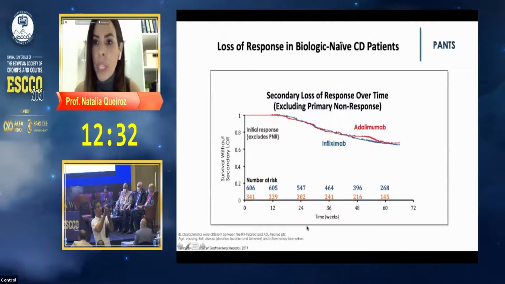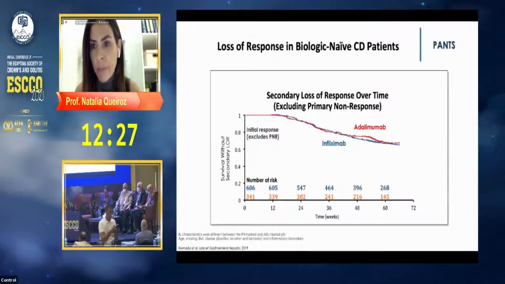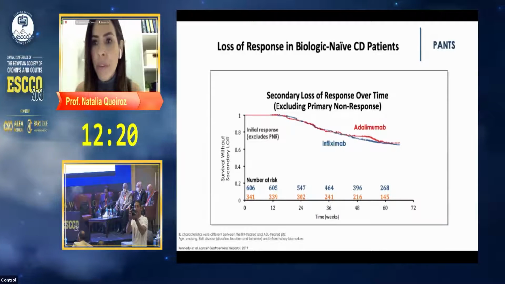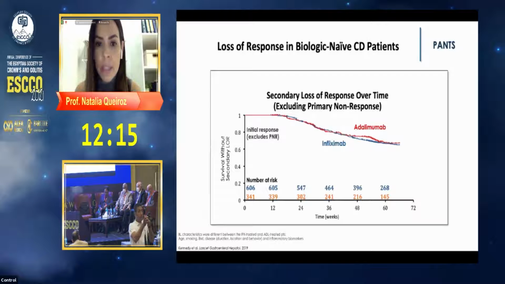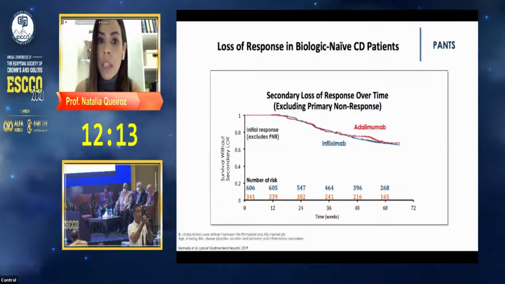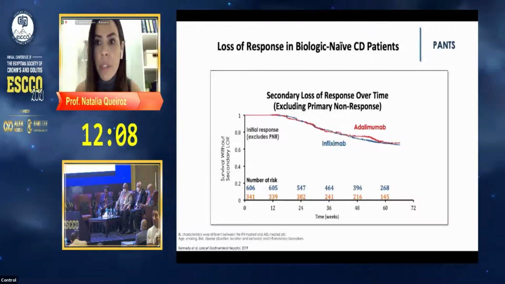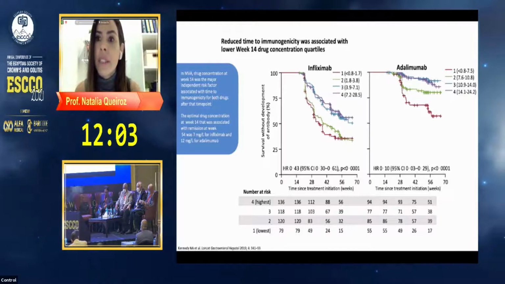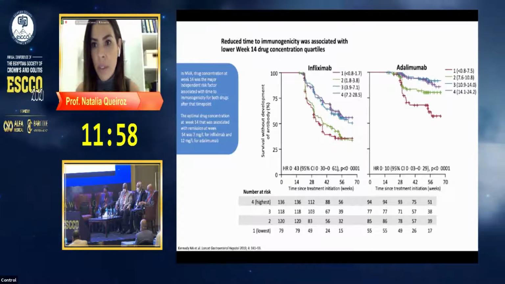Secondly, we know that there's a loss of response in anti-TNF treated patients. The PAILOT study has demonstrated that in Crohn's disease naive patients treated with adalimumab and infliximab, we are expected to see a secondary loss of response over time, around 35% after 1 year of treatment. And we know that the pharmacokinetics is strictly related to this secondary loss of response.